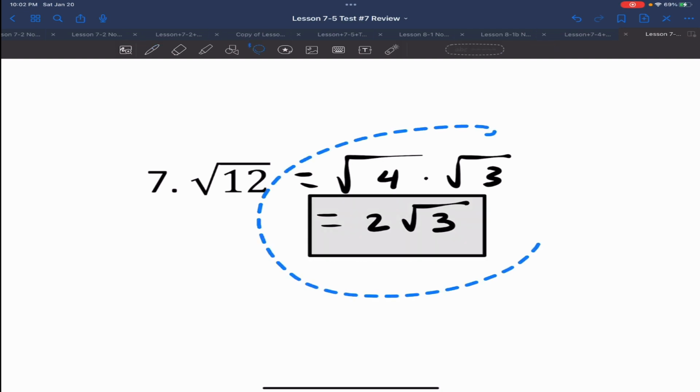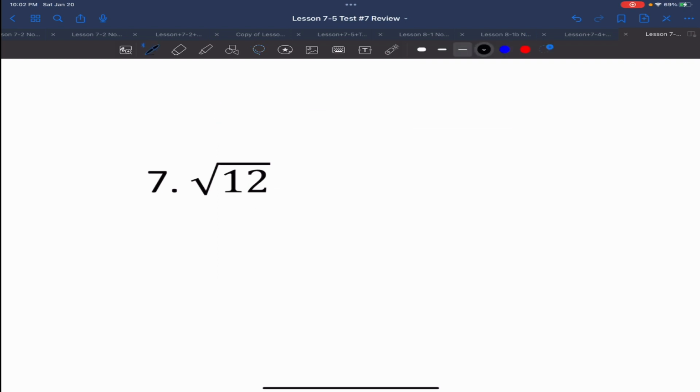Or if you did something like this, you did the square root of 6 times the square root of 3, well, you're going to be like, oh, I guess the answer is the square root of 12 then. I can't simplify that because 6 is not a perfect square.